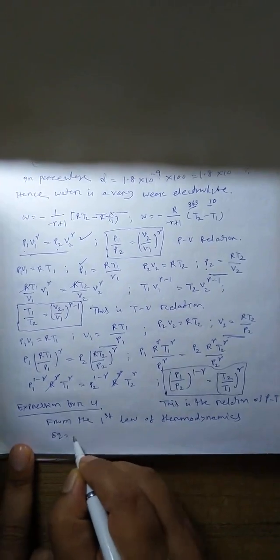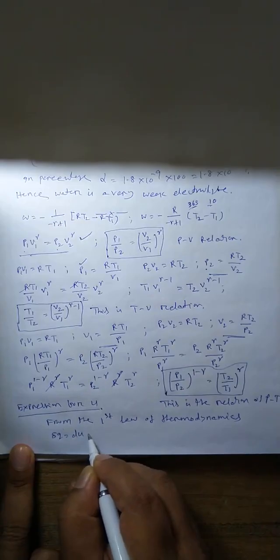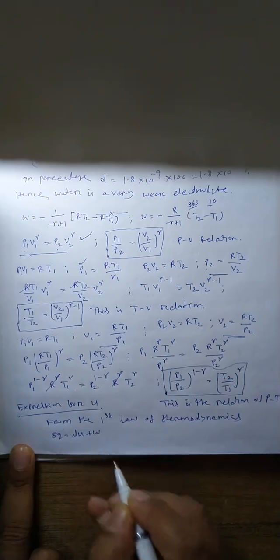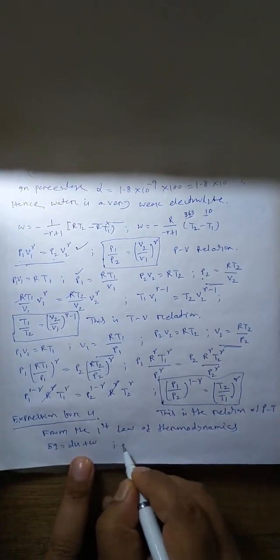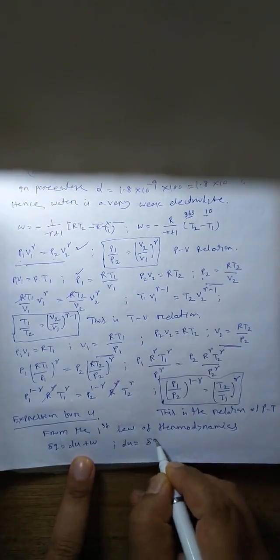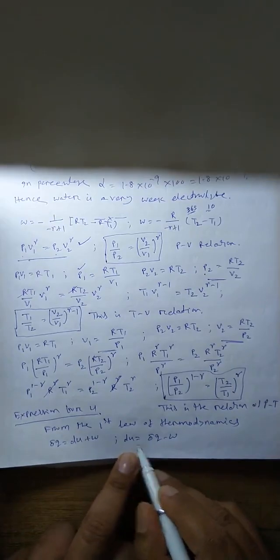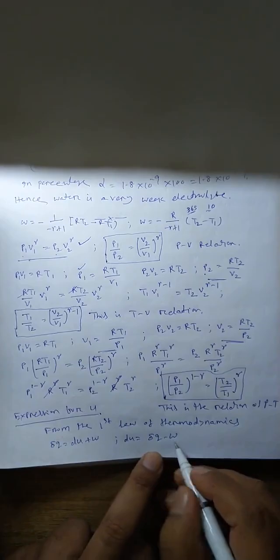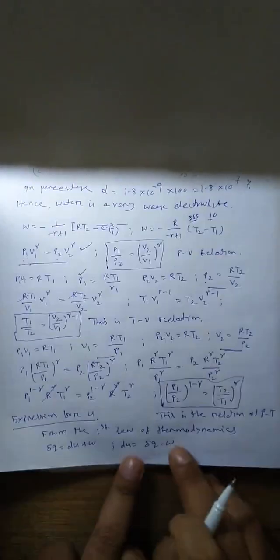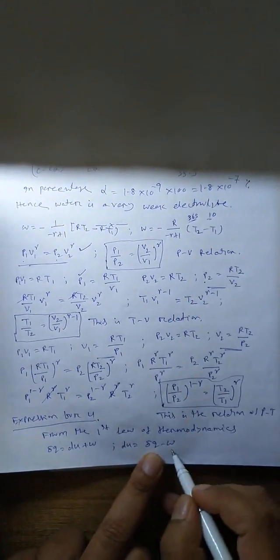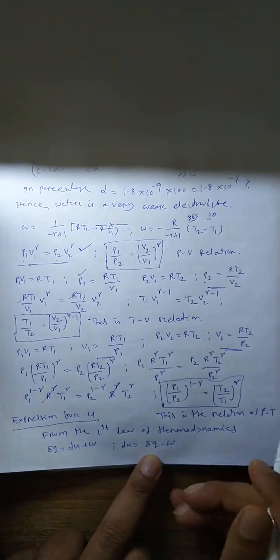From the first law, del Q is equal to du plus W, so du is equal to del Q minus W. Here you can put the formula of work done, or you can write minus PdV.